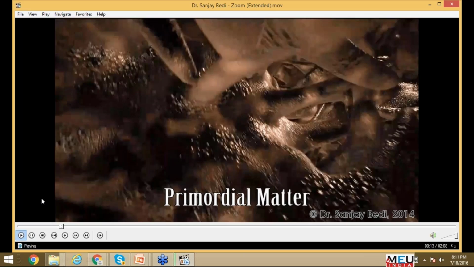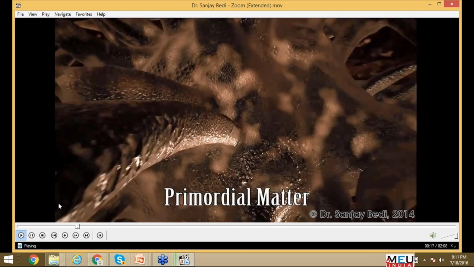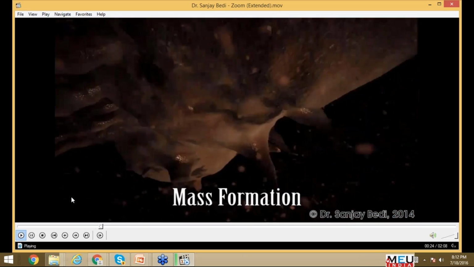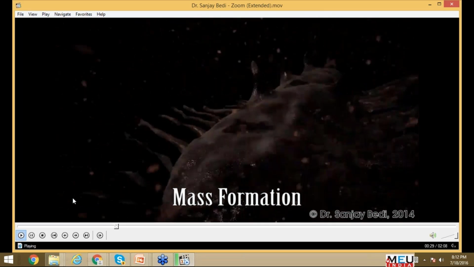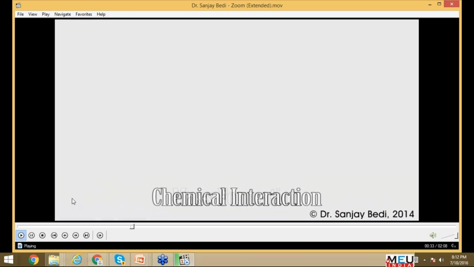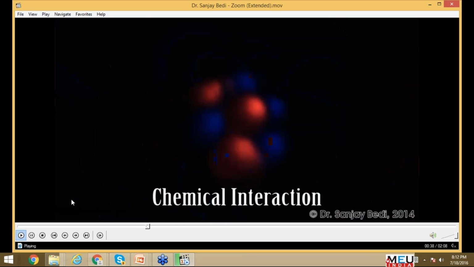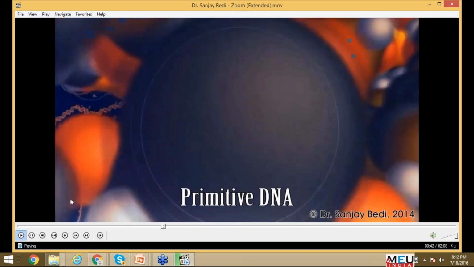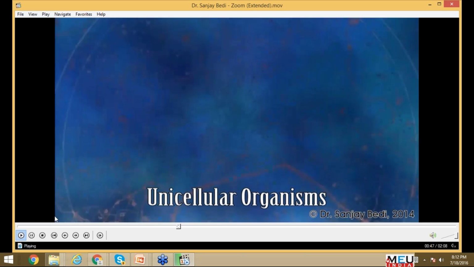Gradually evolution took place, and this original matter developed into early life, followed by euglena or blue-green algae, and atoms. Before that, atoms were created, and these atoms led to the formation of genes.